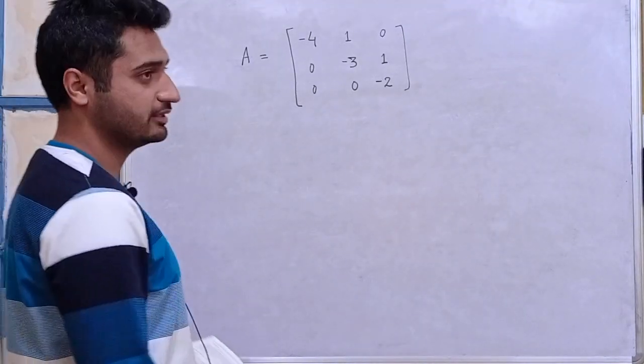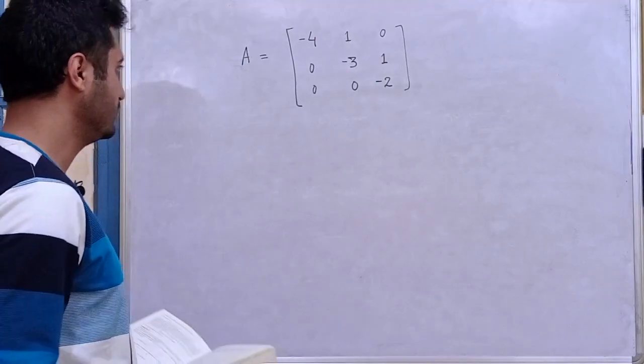So if you first of all write the characteristic equation of this matrix, it will look like what?